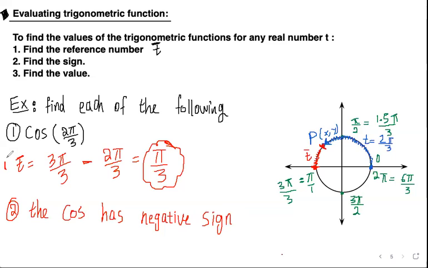This is the first step, this is the second step. Now the third step, evaluate. So I say: cosine of 2 pi over 3 is equal to negative cosine of the reference number pi over 3.